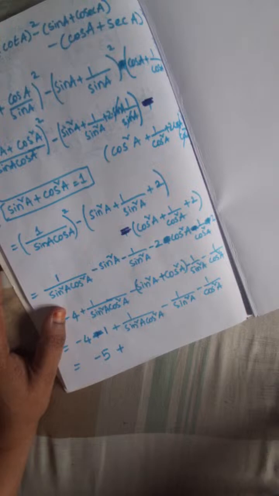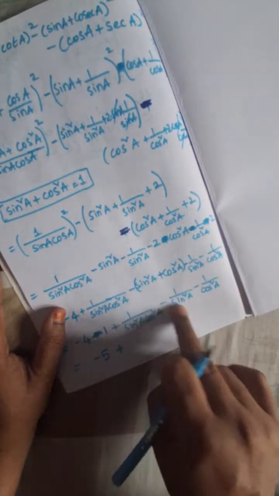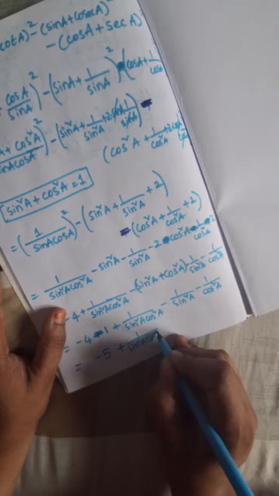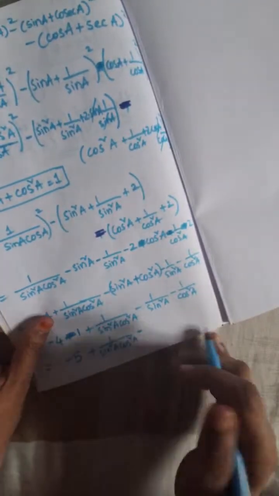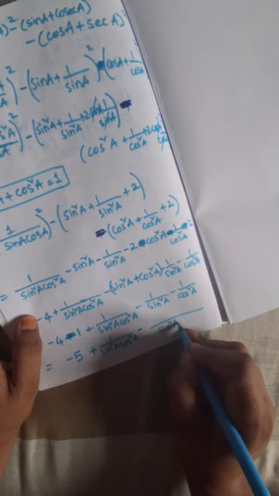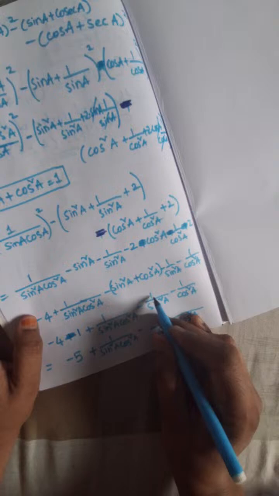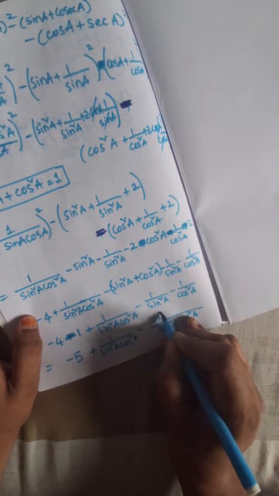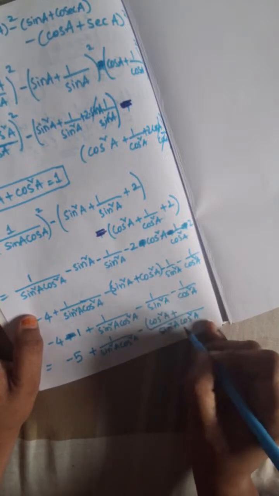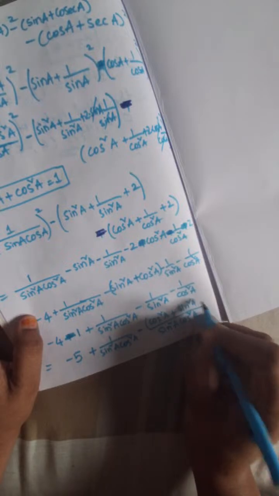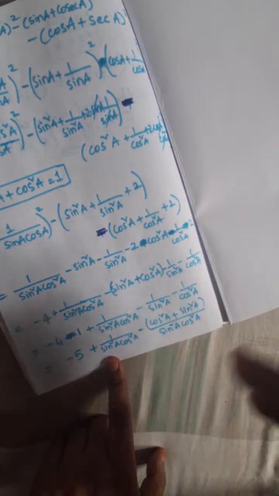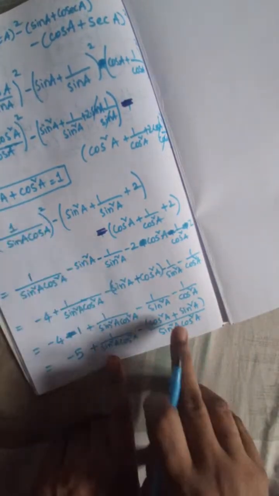So here I am simplifying this, doing LCM here. 1 by sin square a cos square a minus, here sin square a in 1 by sin square a cos square a. Okay, here what? Sin square a is there, cos square, and here minus common I am taking, plus we get here cos square a is there, sin square a we have to multiply in numerator. Okay, now here also sin square a plus cos square a becomes 1. Using this identity it becomes 1.